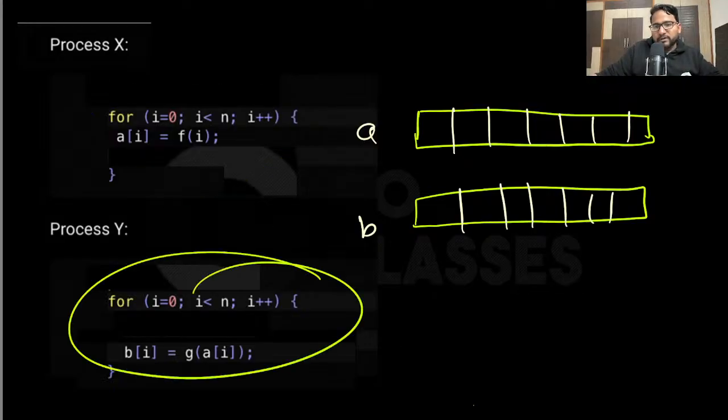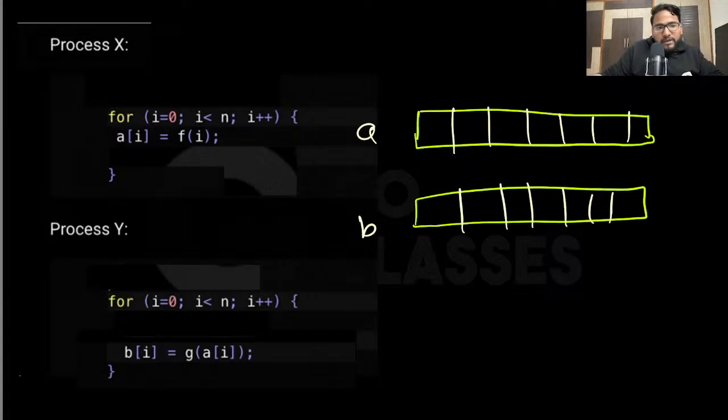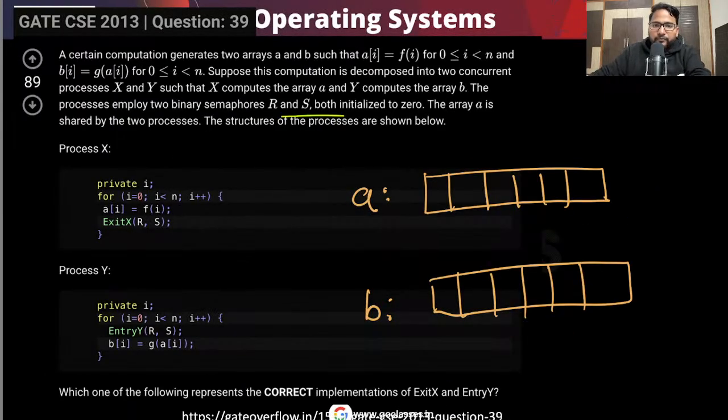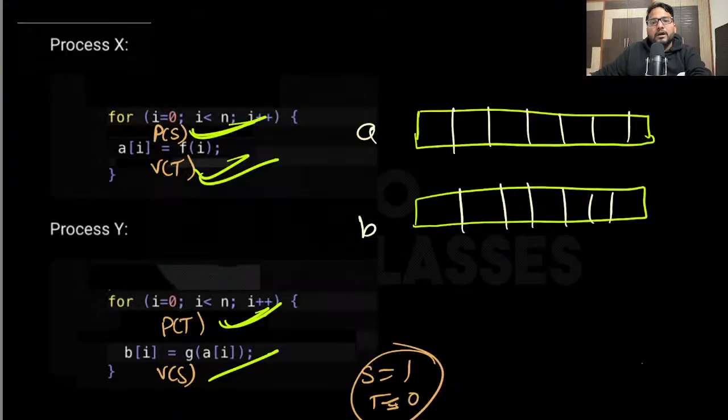We want the strict alternation kind of thing, and both R and S are being initialized to 0. Okay, it is given in the question.